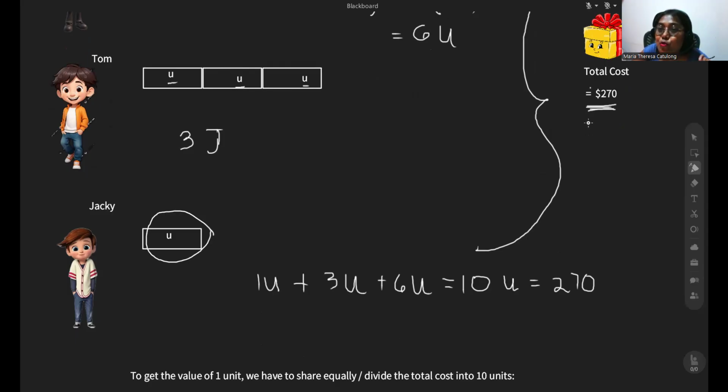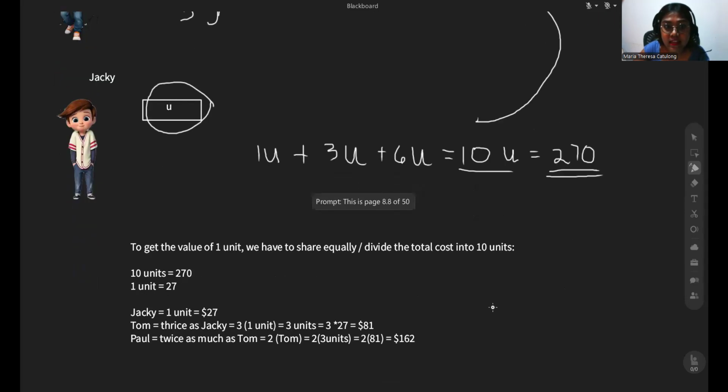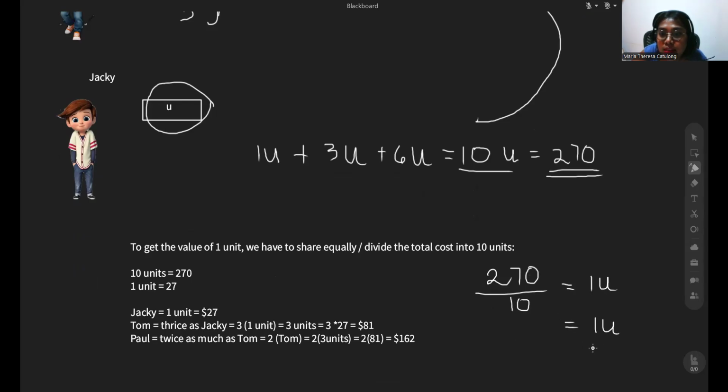Now, how do we solve for the value of 1 unit? To share equally, we simply have to divide 270 by the total number of units. So let's divide it. 270 divided by 10 is equal to 1 unit, and 1 unit is equal to $27.